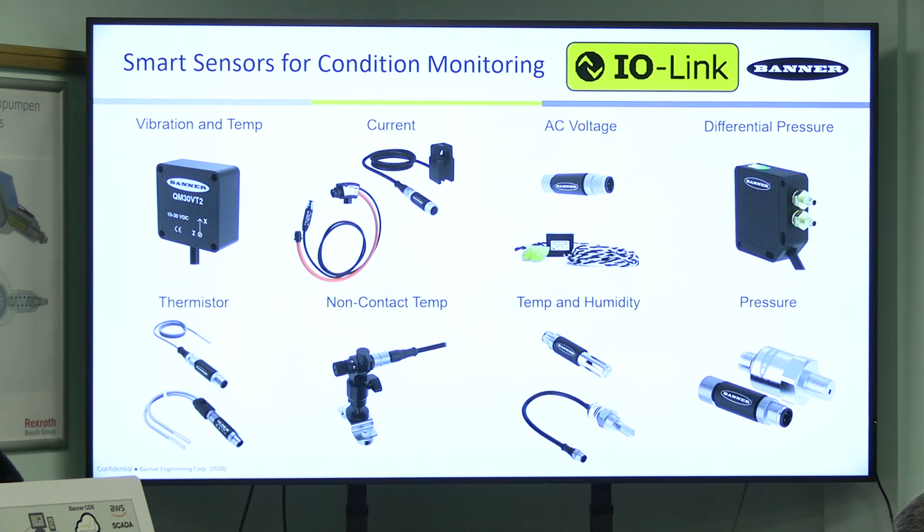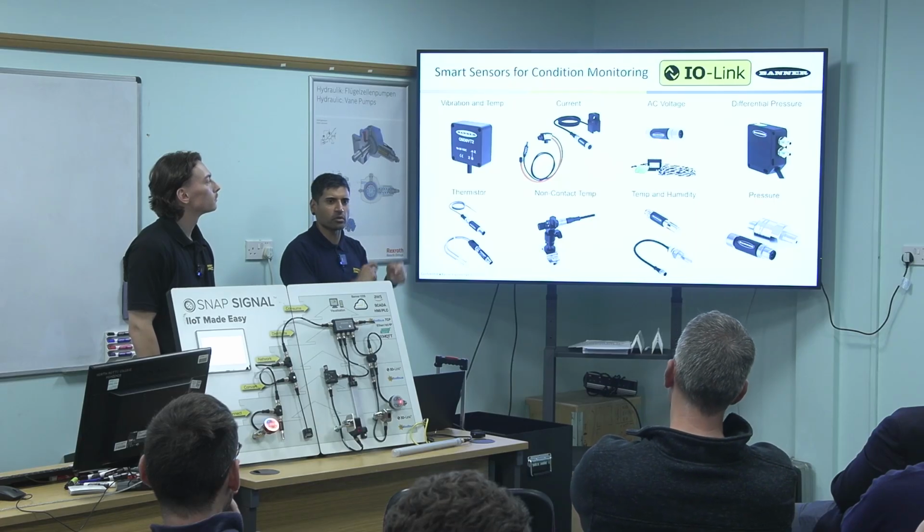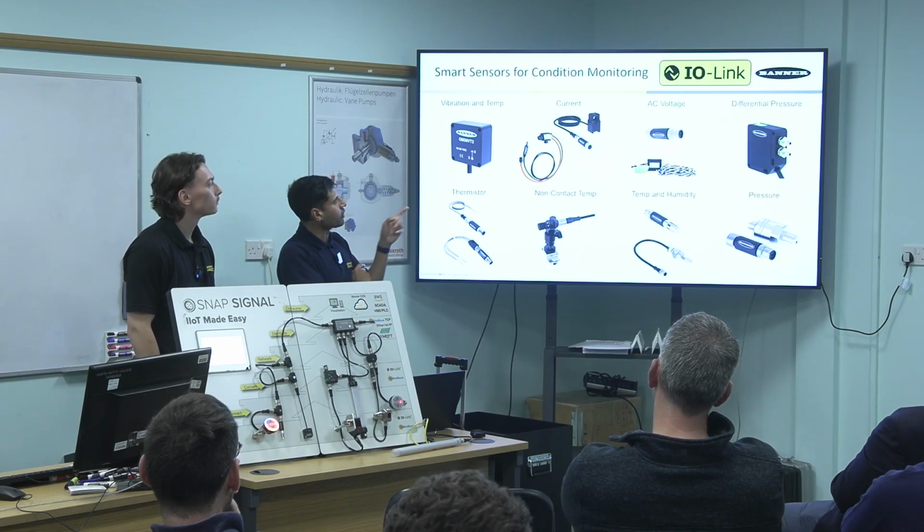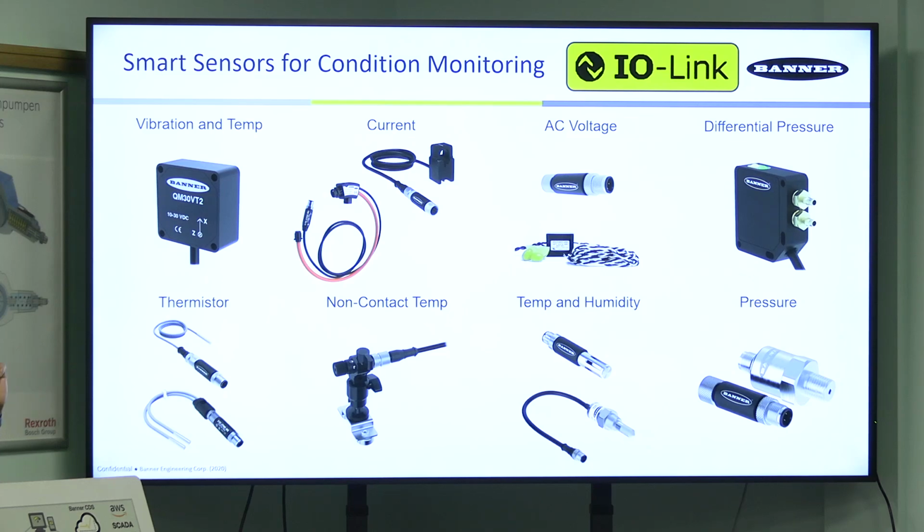That's quite good to put on a line on a 3-phase motor, for example, to look at the 3 different phases. They've also brought that out as an AC voltage snap. We've got a differential pressure for inlet and outlet pressures, temperature, humidity, non-contact, and thermistors.